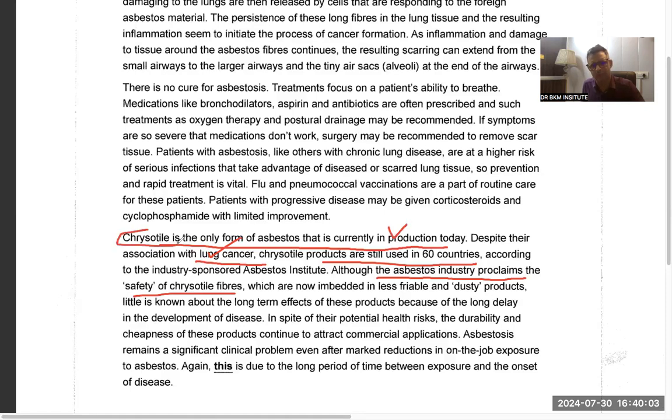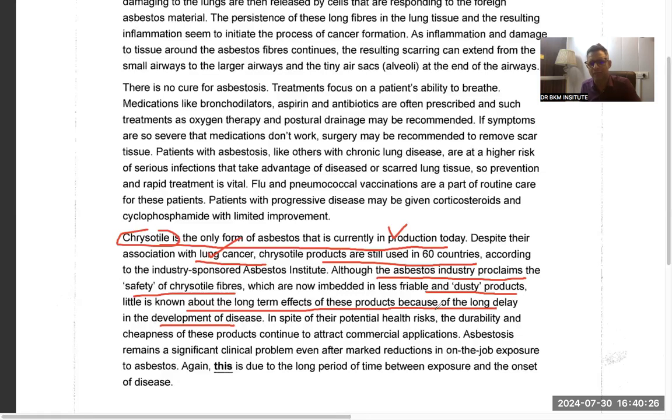They are the only form. The asbestos industry says there is no harm, as the fibers are now embedded in less friable and dusty products. Little is known about the long-term effects of these products because of the long delay in the development. So little is known means we don't know much about it, very little is known about these products.